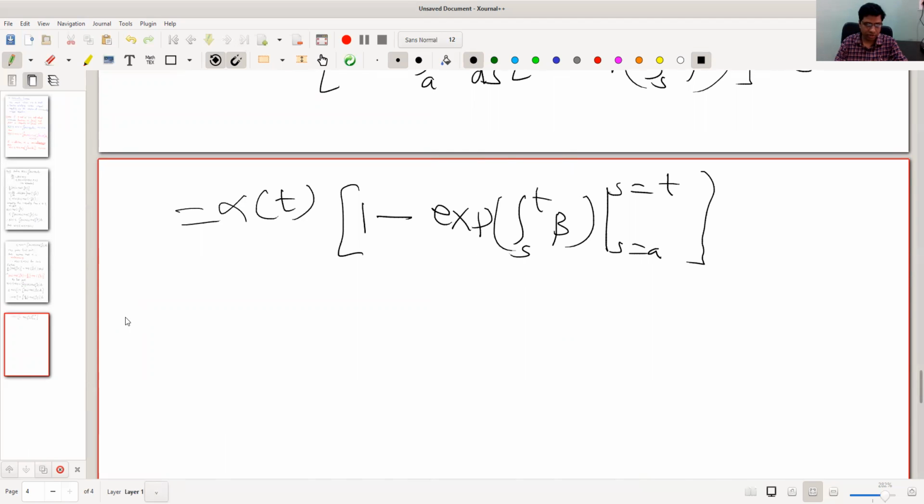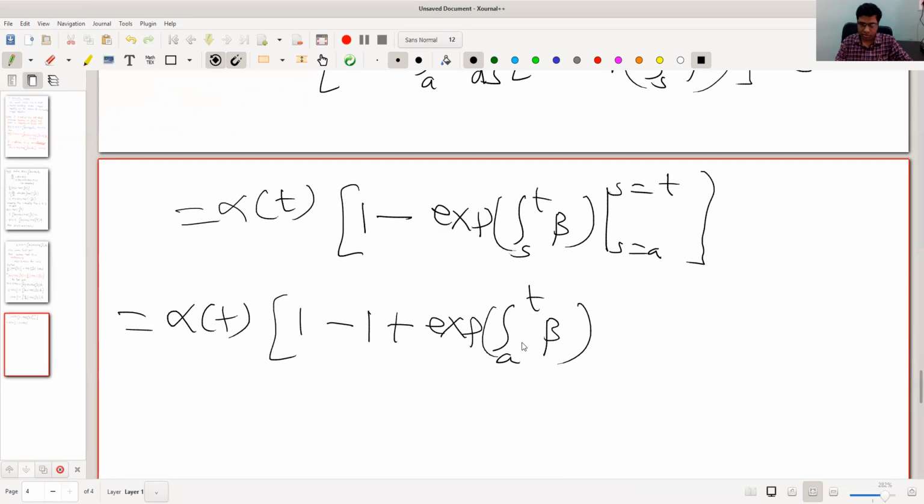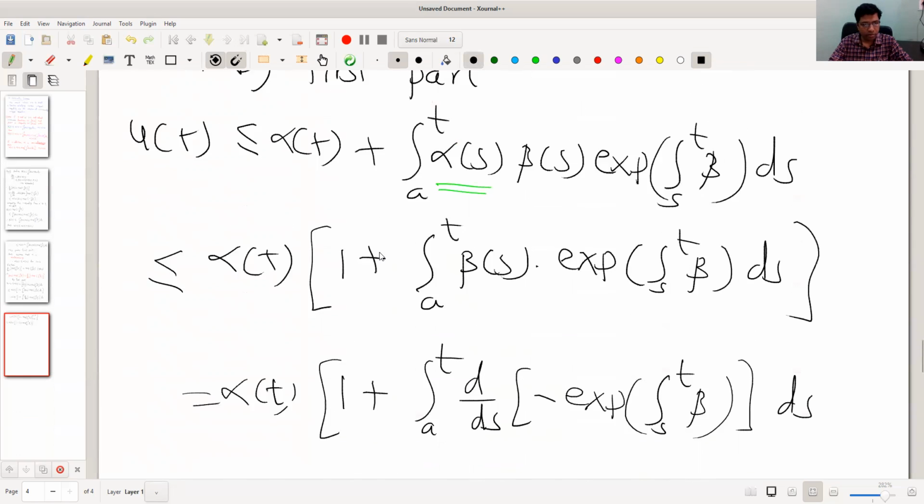So this is equal to alpha of t into 1 minus, when we put the upper limit s equal to t, then this is simply e raised to 0, that is 1, then minus the lower limit, here is again a minus sign, so minus minus it is plus sign, e raised to, now s equal to a, so integral from a to t beta. So this one gets cancelled. And what we get, the left hand side is u of t.